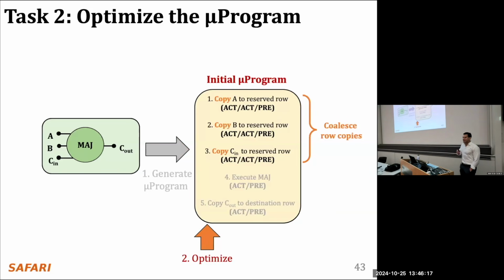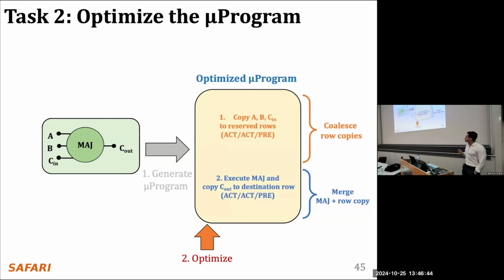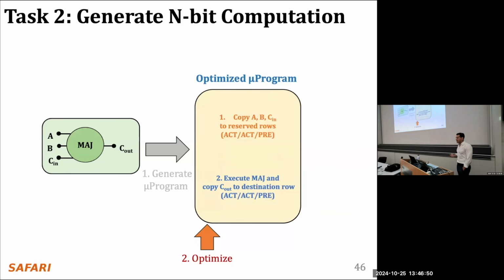Because of some of those properties of the special row decoder, we can coalesce some of those DRAM row copies into a single DRAM row copy, and also coalesce a majority followed by an in-DRAM row copy into a single activate-precharge command, because the first activate does the triple activation, and the second activate does the in-DRAM row copy. So this gives us an optimized microprogram, which can do that target in-DRAM computation in a more efficient way.